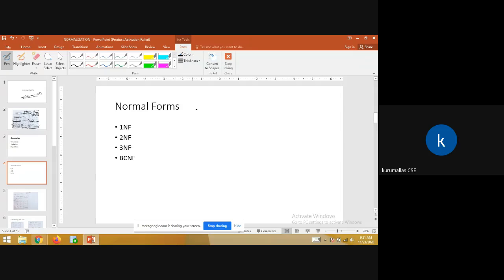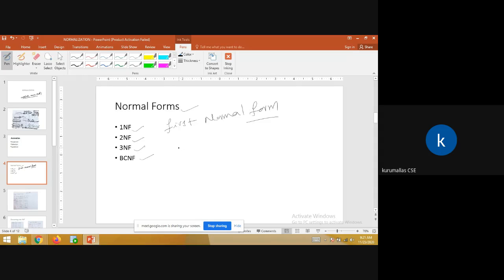Normalization is the process to remove redundancy from the table, and for that process we use different types of normal forms: 1NF, 2NF, 3NF, and 4NF. The first, 1NF, means first normal form.